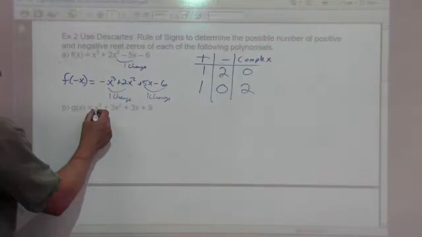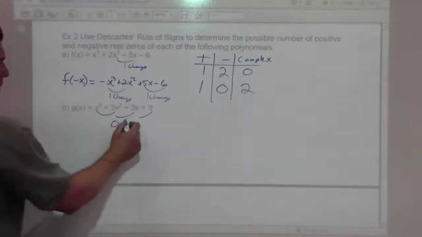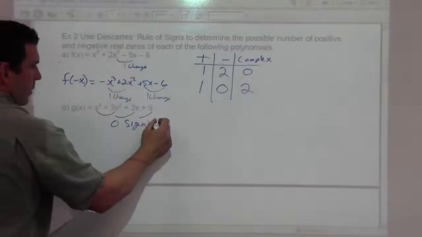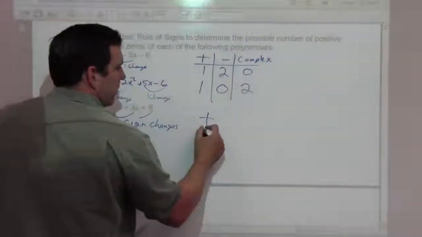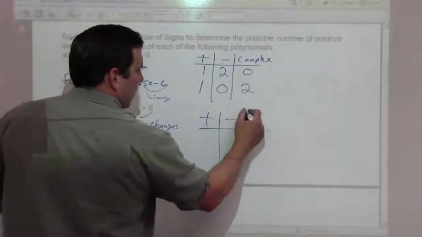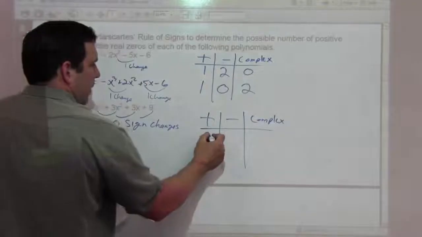Next one, positive, positive, positive. There are 0 sign changes. So we look at positive, negative, and complex. There are none here.